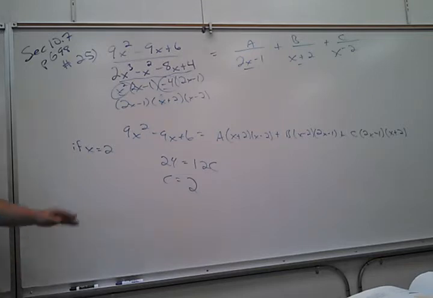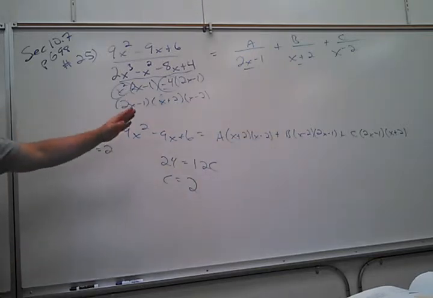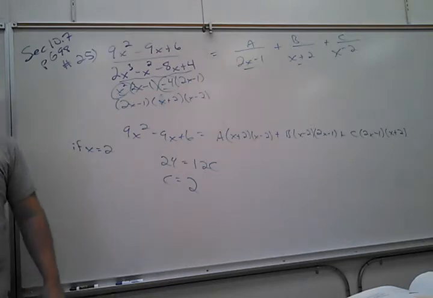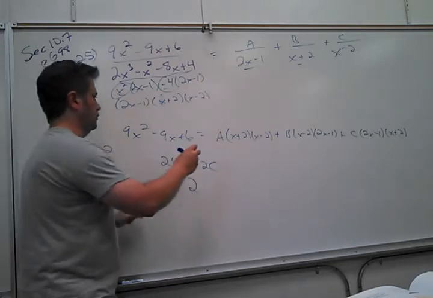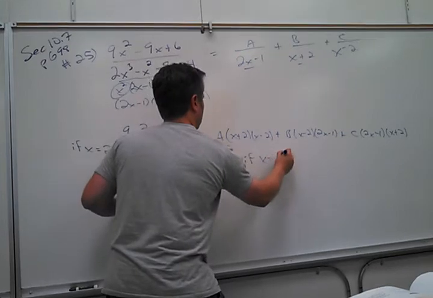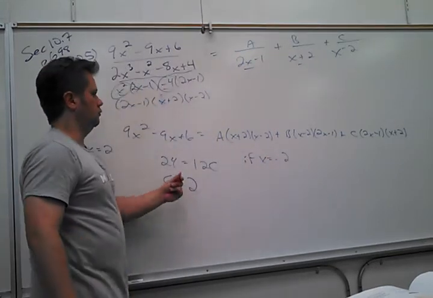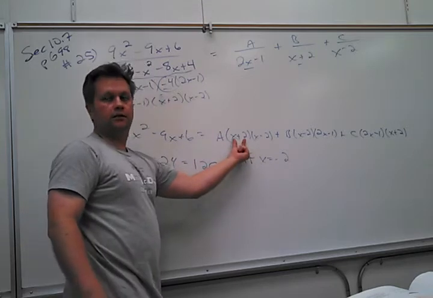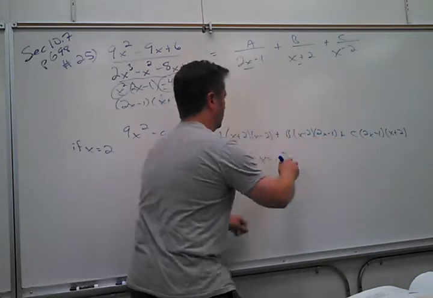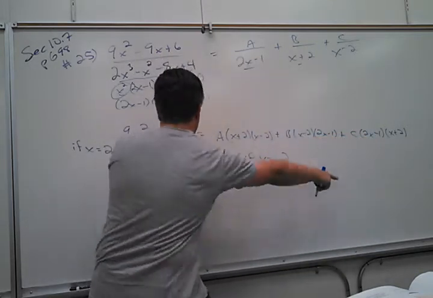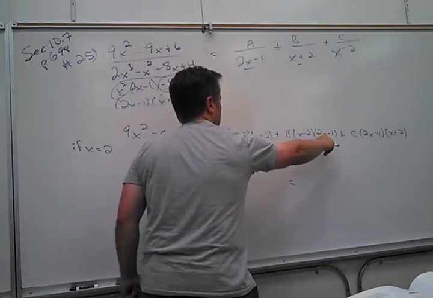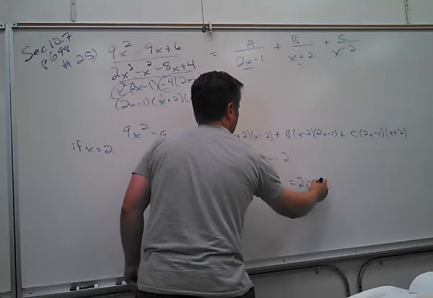You can go if x is -2, and then if x is 1/2. Finish it out like that. Can we do it one more time? Yeah, so if x were -2, who goes to 0? The A piece goes to 0 because that's going to be 0. The C piece goes to 0, and you end up with, on this side, -4 times -5 is 20.